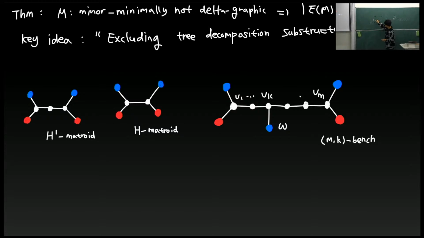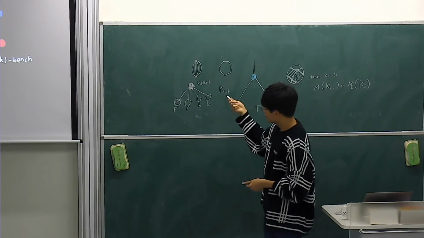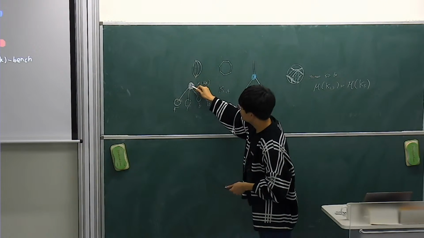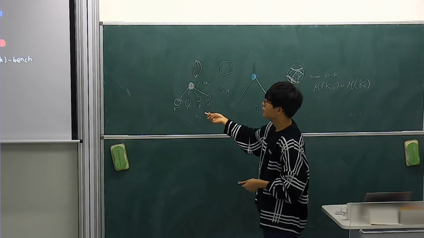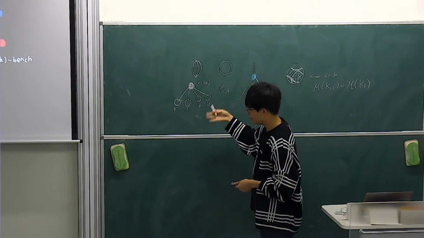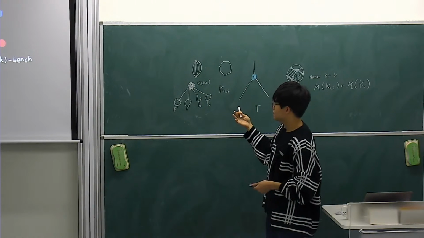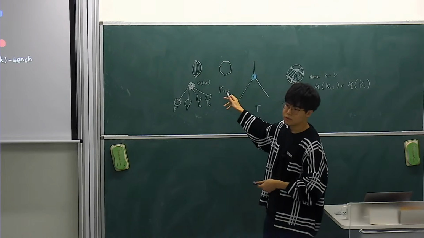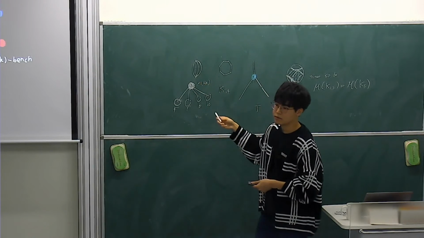But it is not isomorphic to a pure matroid. So since it is not a pure matroid, we cannot say that it is delta-graphic, but actually we don't know the specific structure of this bag in this case. Just the bound of size in this case.